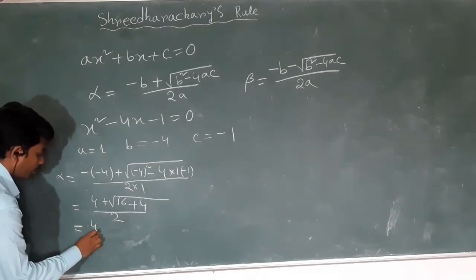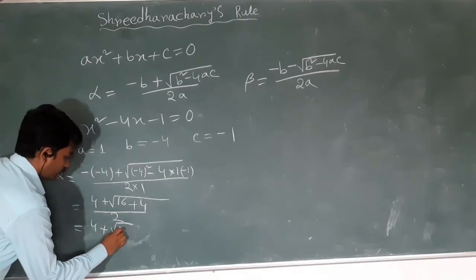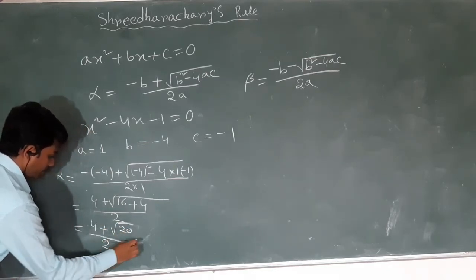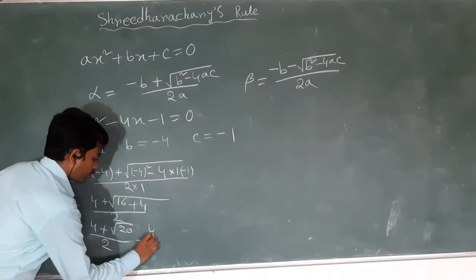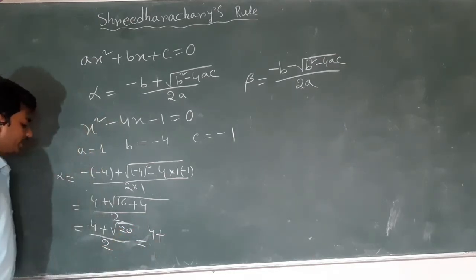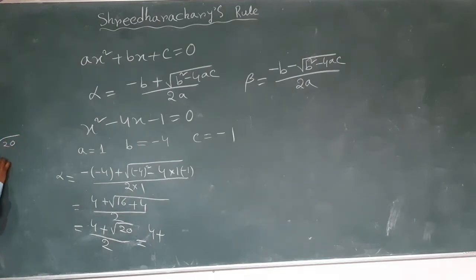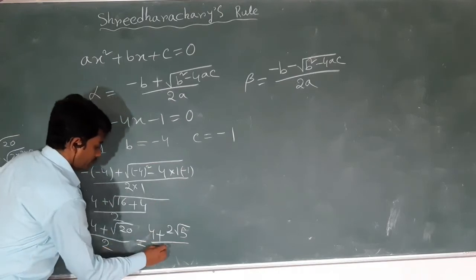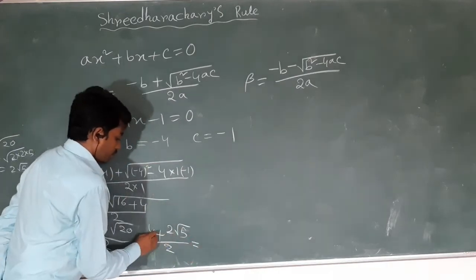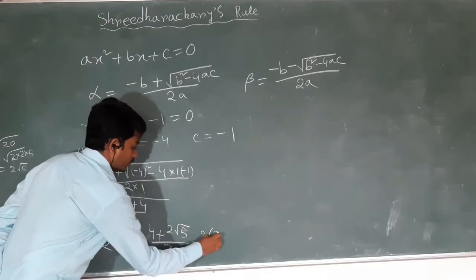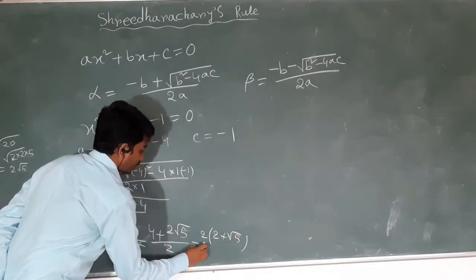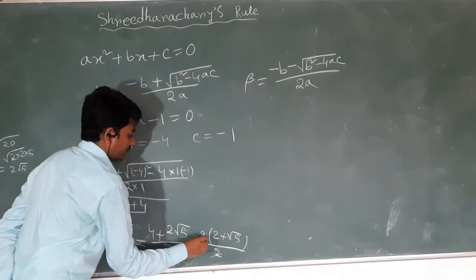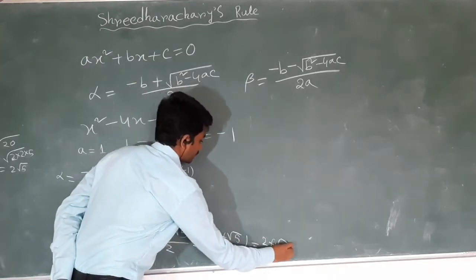So 4 plus under root 20 upon 2, that is 4 plus 2 root 5 upon 2. So 2 is common, 2 plus root 5 upon 2, cancel. So 2 plus root 5.